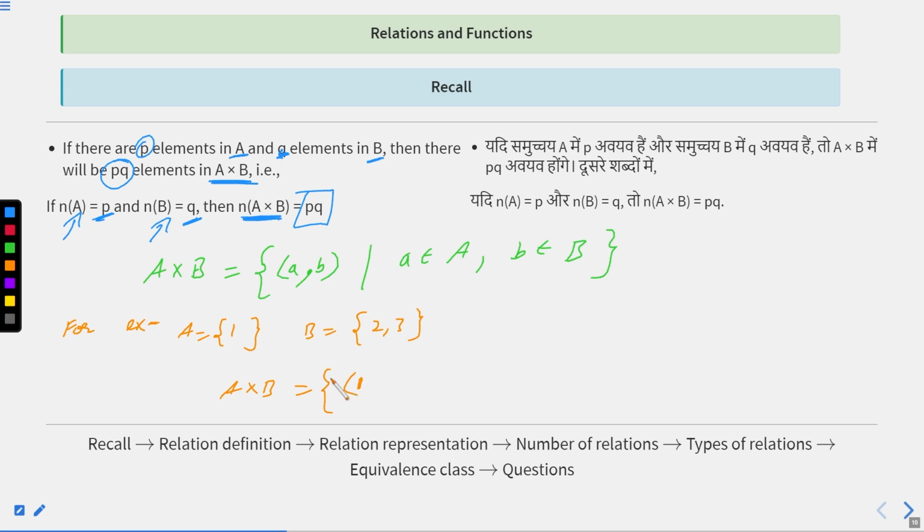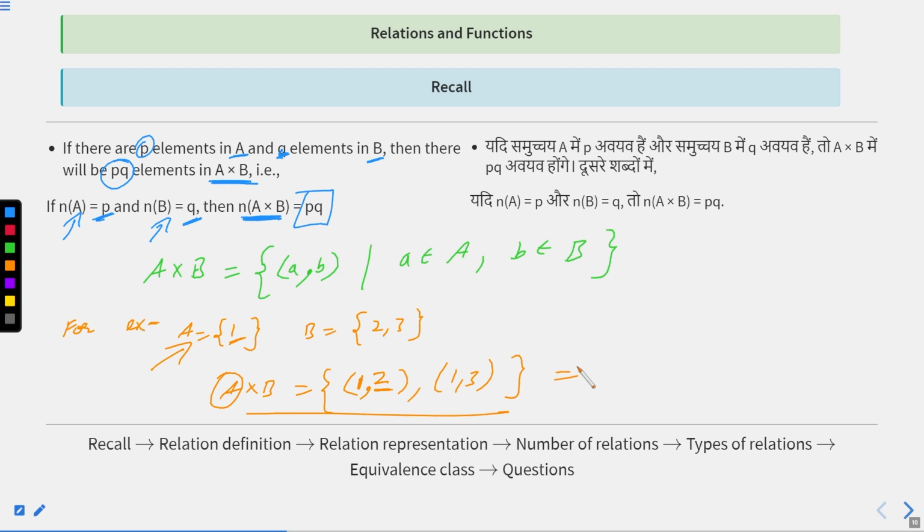The first element of the pair comes from set A, which means 1. We can easily see there is only one element. So 1 comma, and what can I write over here? I can write 2 or I can write 3. Let me write 2 first and then 3. Are there any other possibilities? No. So the only possibilities are (1, 2) and (1, 3).